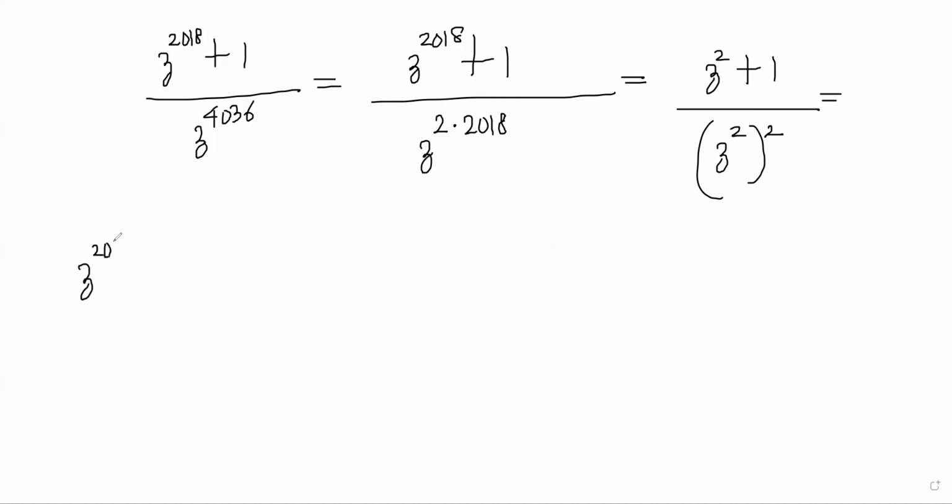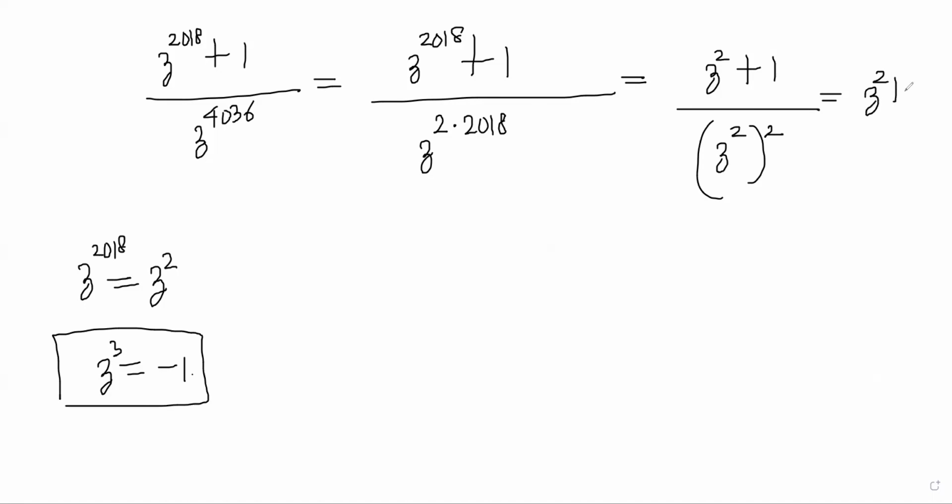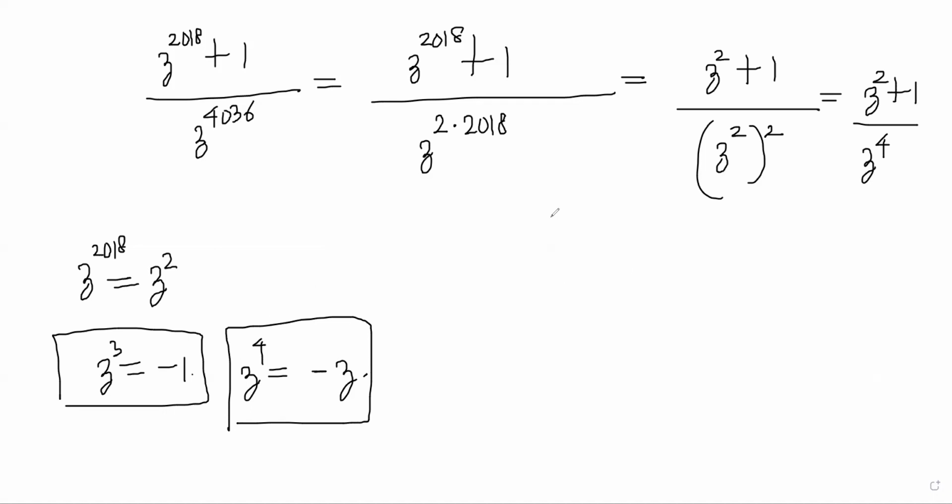Z power 2018 is z square because z cube is minus 1, right? And now what we can say here, this is z square plus 1 by z power 4, and z power 4 is equal to minus z because z cube is minus 1. So we write this as z square plus 1 by minus z.